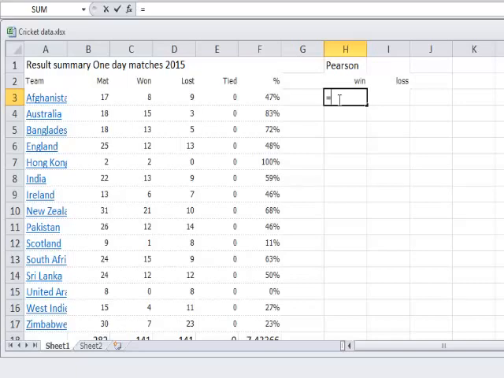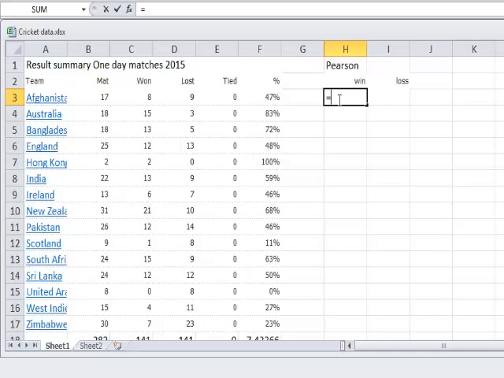Okay, so what's this going to be? The expected value is going to be just 50% of the number of matches played, because this time, unlike usual, the probability of winning must be 50% if it is to be random, because wins must equal losses. It can't be that all have some probability P of winning which is different from 50%, because the probability of winning for someone is the probability of losing for another.